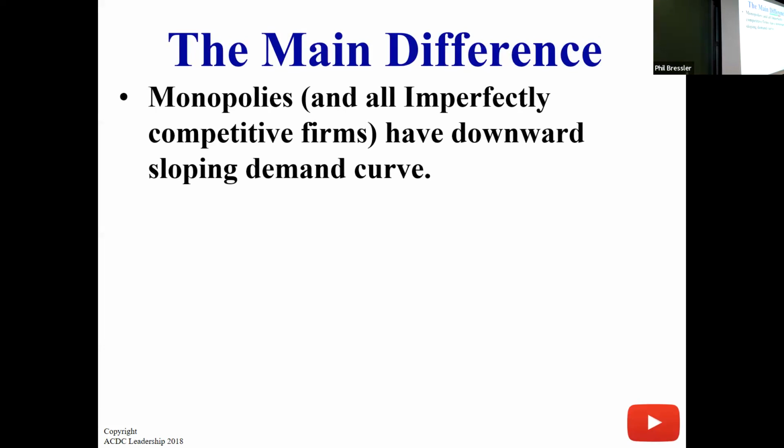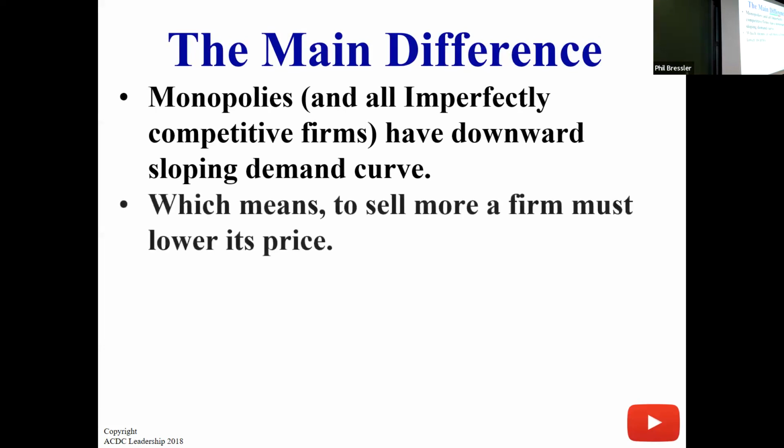The main difference: monopolies have a downward sloping demand curve, which means to sell more, a firm must lower its price. Now, this is a concept that's hard to understand because you think it's a monopoly and they can charge whatever they want. But could the Ravens charge 10,000 a ticket?